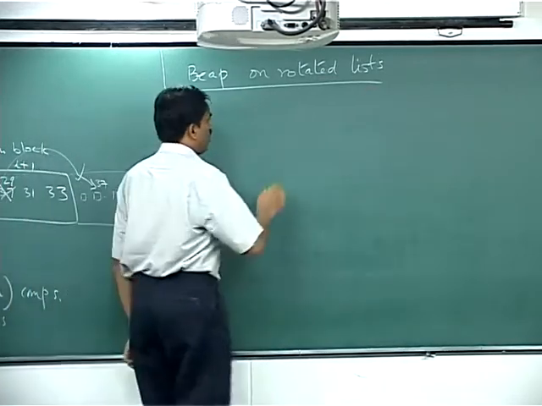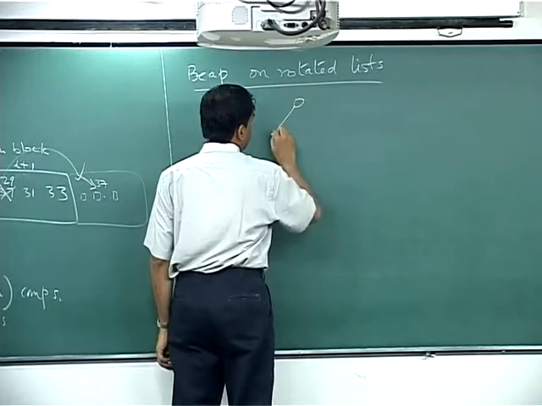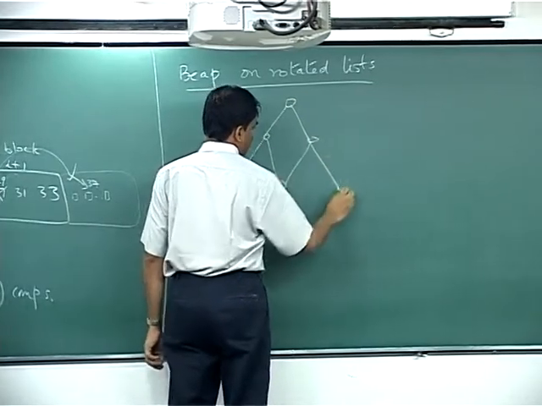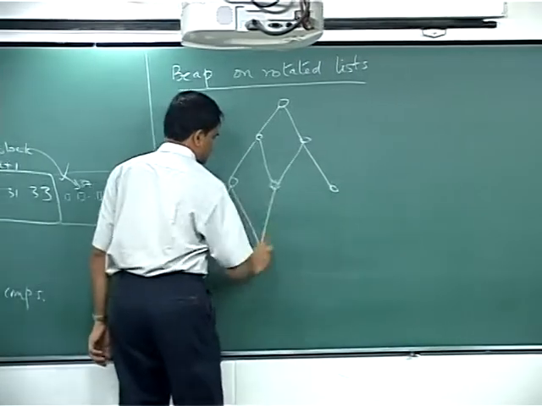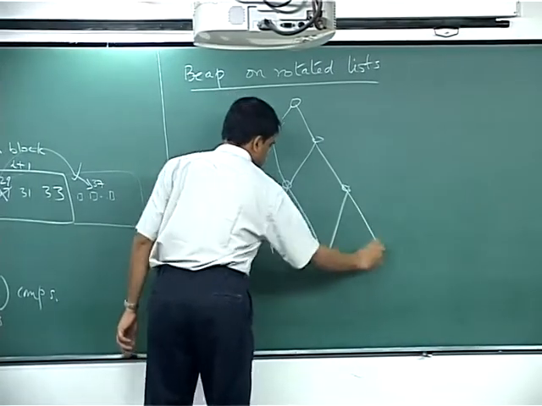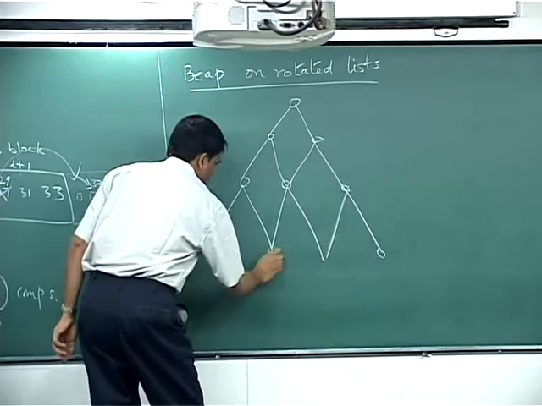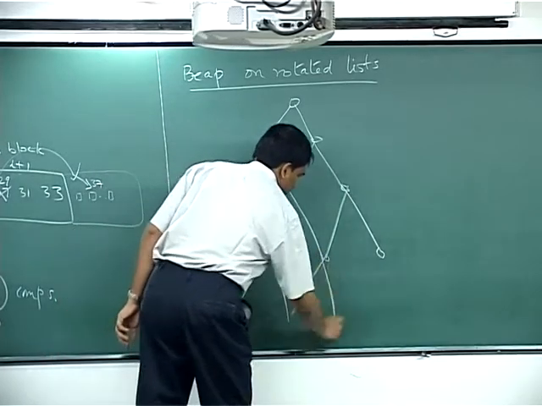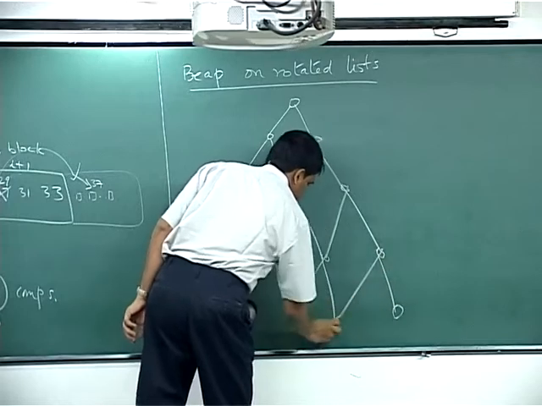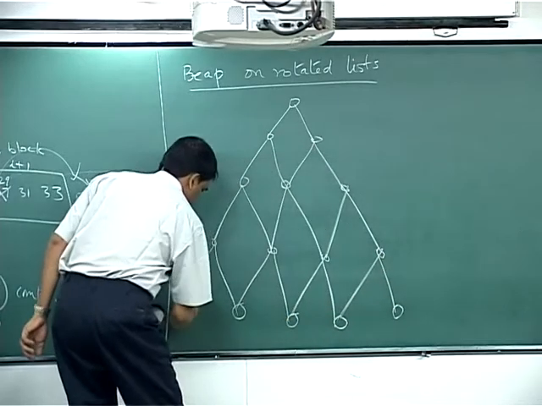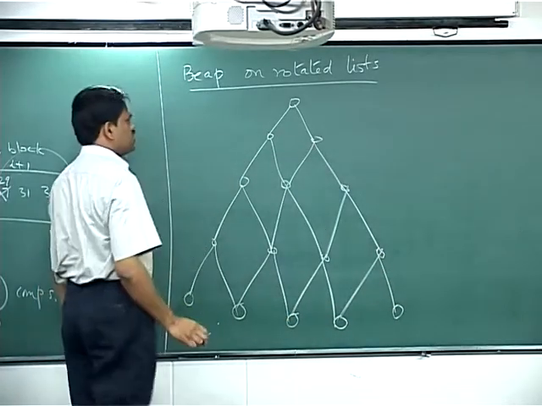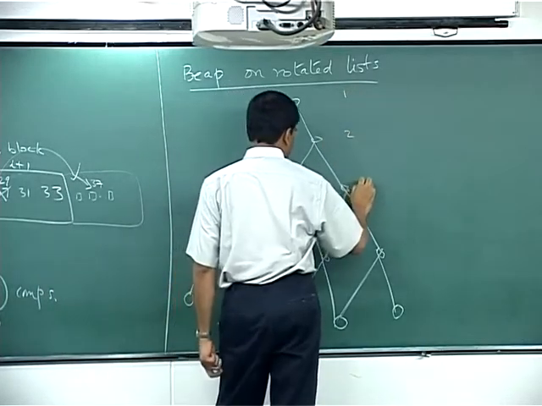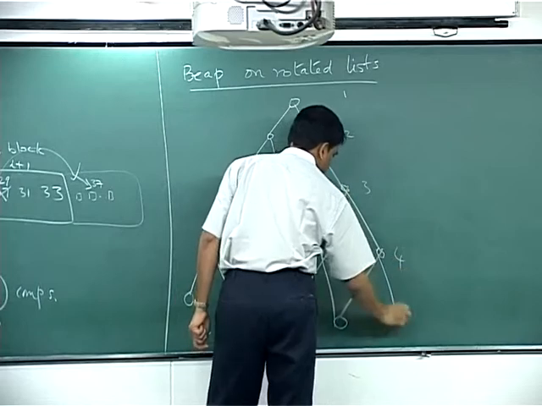So, recall how the BEEP was looking like. It was a biparental heap. And this is how it was. Your first level has one element, second level has two elements, and so on.